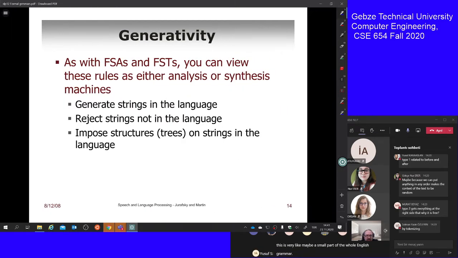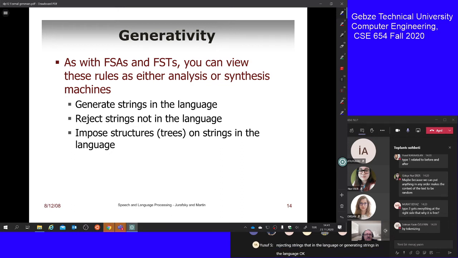Like we did with finite state automata or finite state transducers, I could use these rules to parse a given sentence, or I could use these rules to generate strings in a language. Either rejecting strings not in the language or generating strings in the language.